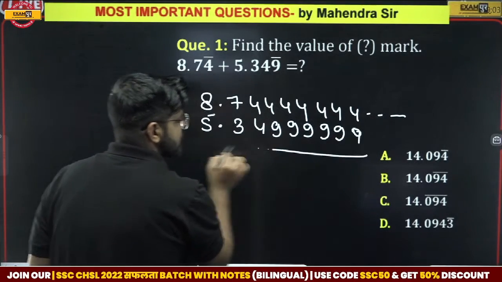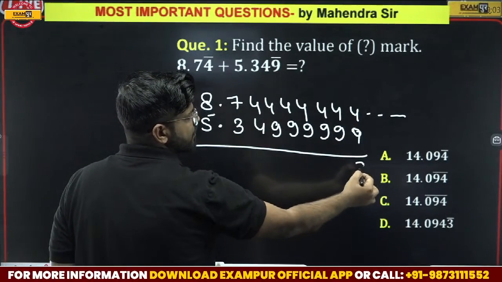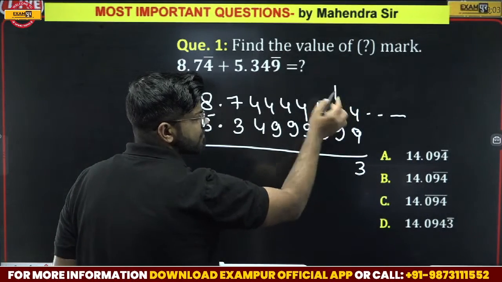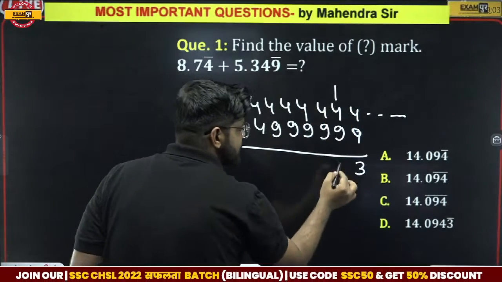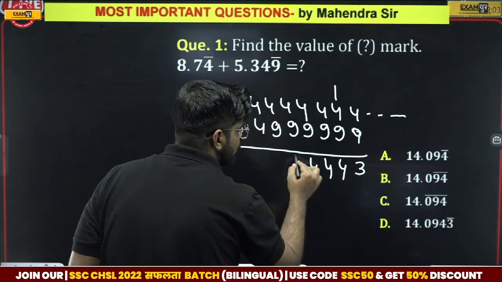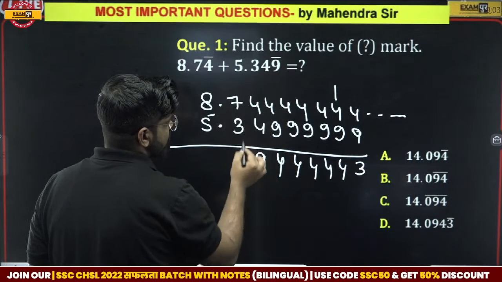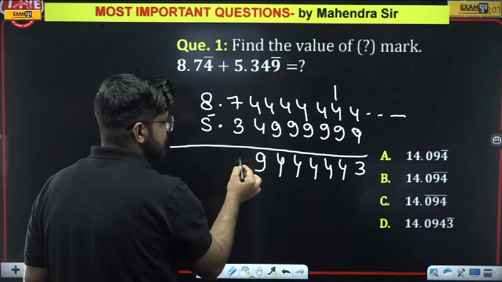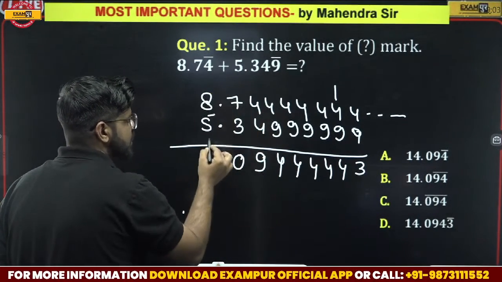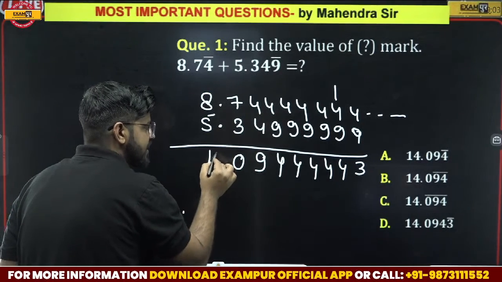So when we add these two, somewhere it will be 3, but after that when we get one carry, we always get 4, and this will be 9. This will be 0, and this carry will be 14.